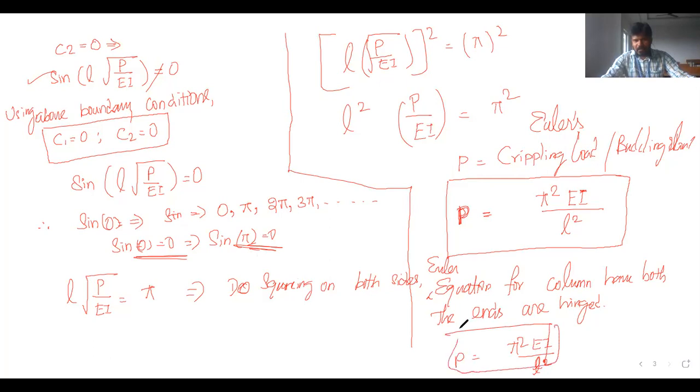I already said if both ends are hinged, the effective length becomes L. Since there is no deflection at the ends, and the slope starts from there itself, we say that L effective is equal to L. If I substitute L effective equal to L, the formula doesn't change: pi squared EI by L squared. So we got the same formula here.